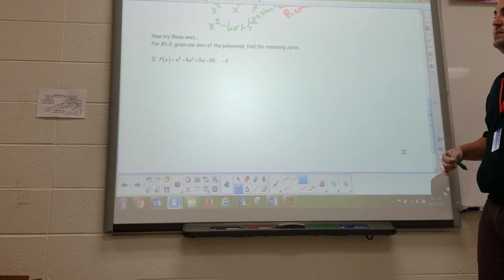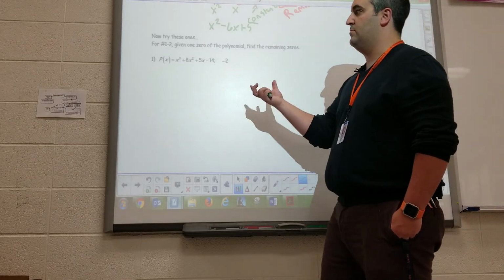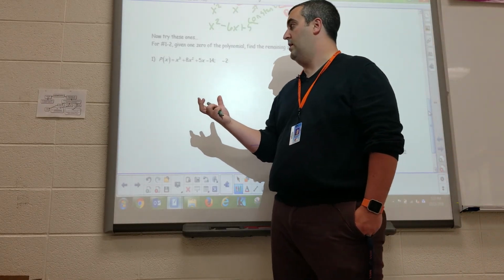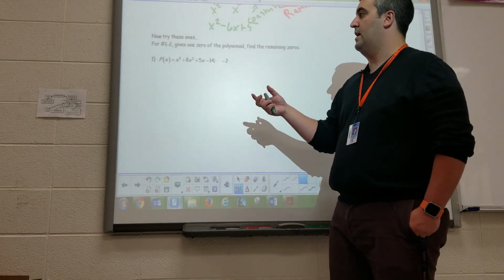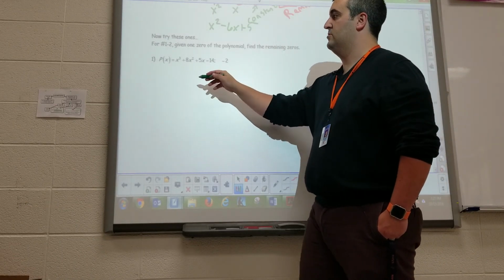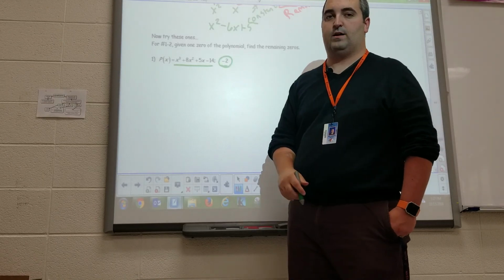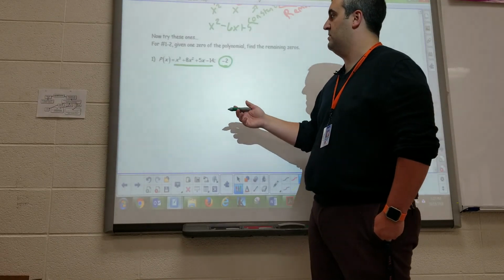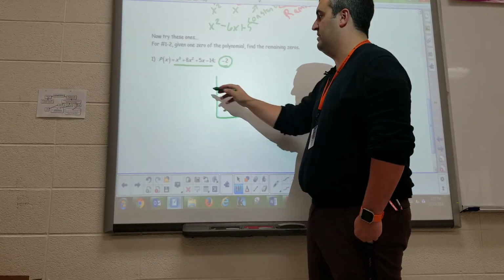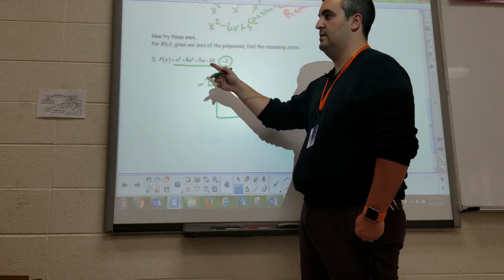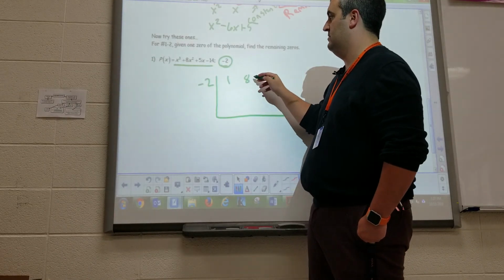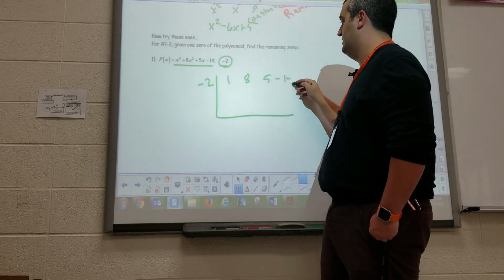The next problem, you guys will do the rest of these on your own or with partners. And what these are telling you is this is your function, this is what you're dividing by. So I'll show you the setup for this one. You'll have -2 on the outside, and then the coefficients on the inside.